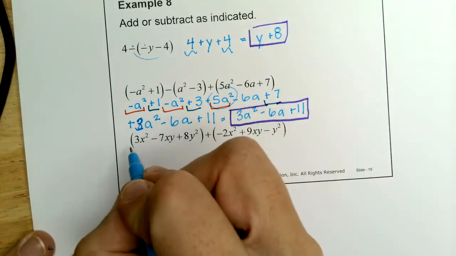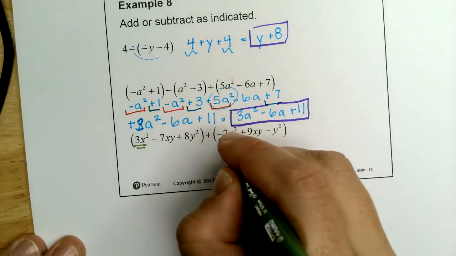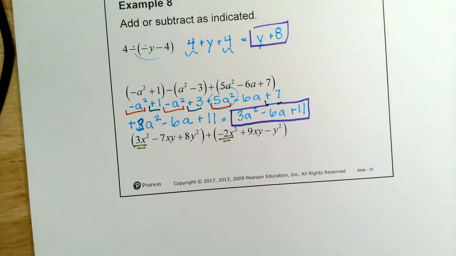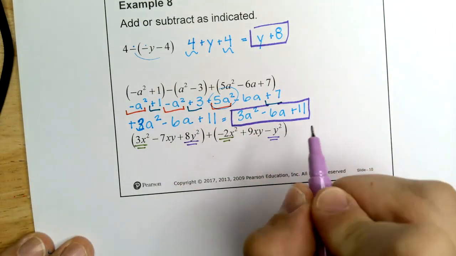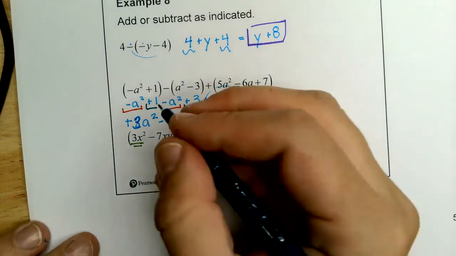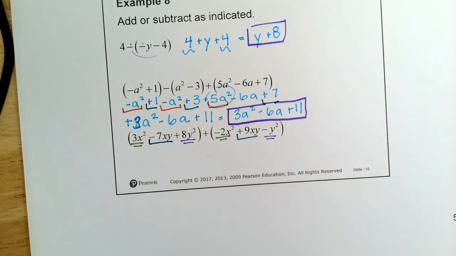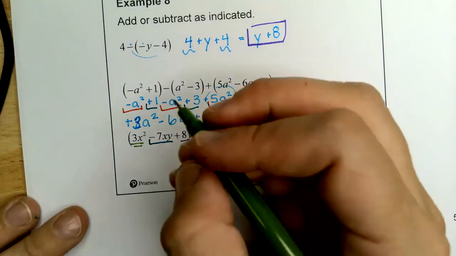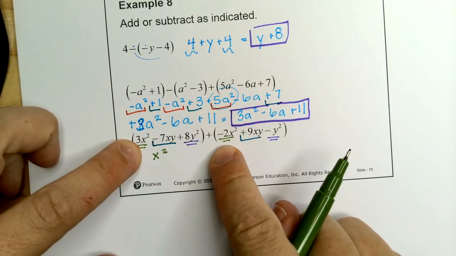So we have 3x squared and negative 2x squared. We have an 8y squared and a y squared, and then we have a negative 7xy and a positive 9xy. 3 minus 2 just leaves us with x squared, okay?